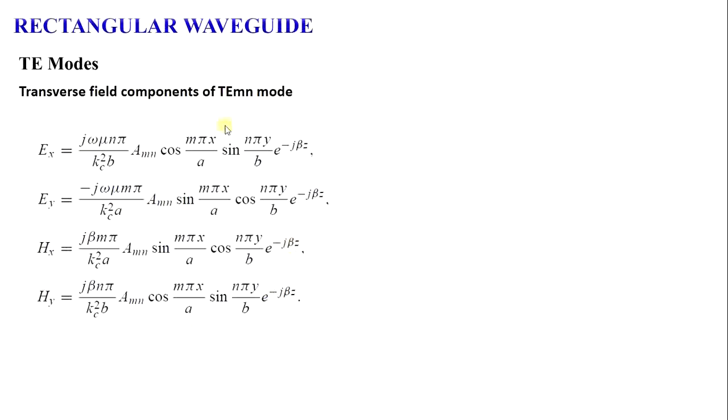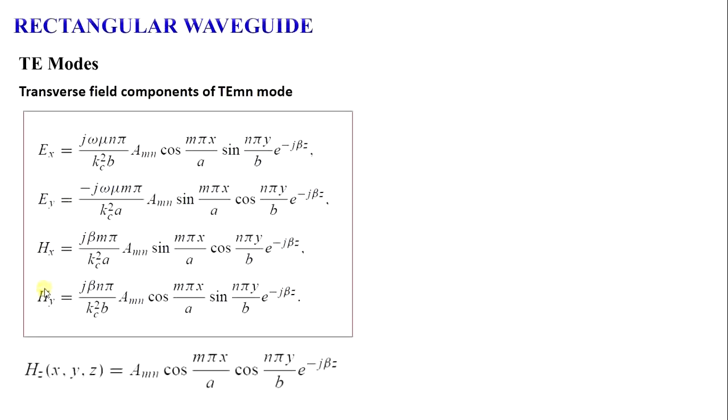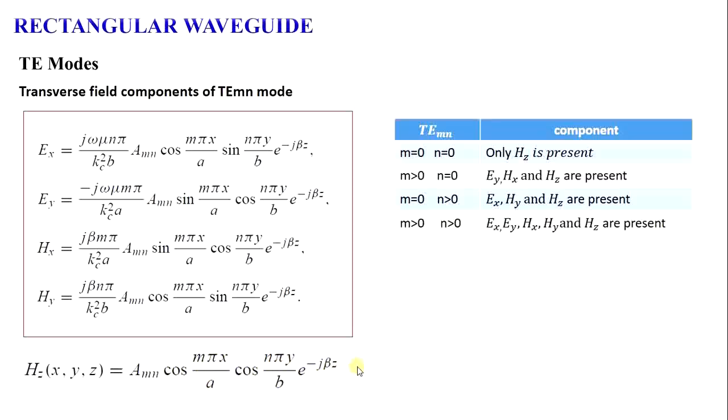These are the equations that are obtained after putting the value of Hz and taking the derivatives. This Ex, Ey, Hx and Hy are obtained. And we know the longitudinal component, it is Hz equal to Amn cos m pi x by a cos n pi y by b e raised to minus j beta z.